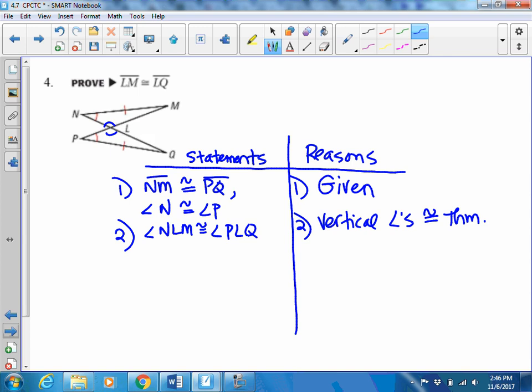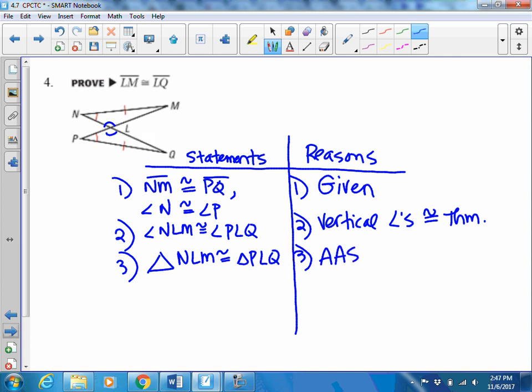And I now have enough to prove triangles are congruent. I've got angle, side. So you have to name your triangles, and we could have differences here but still be correct. So I'm going to call this NLM. Triangle NLM is congruent to triangle, that would have to be PLQ. And it was angle, side.